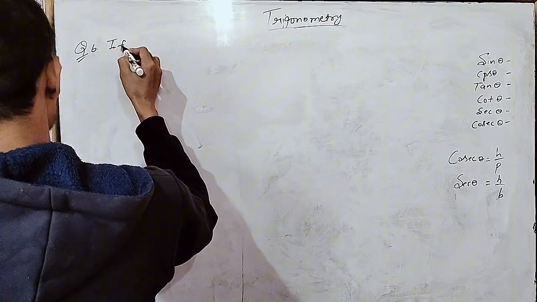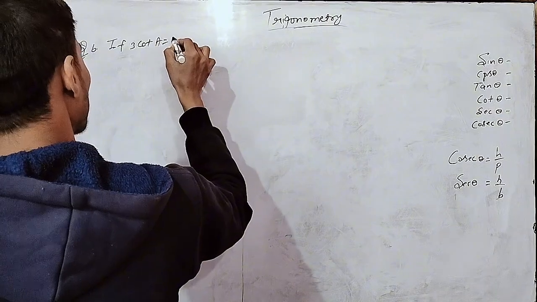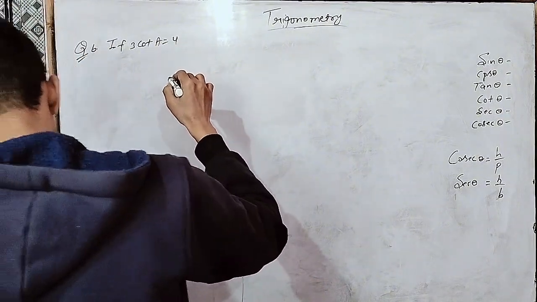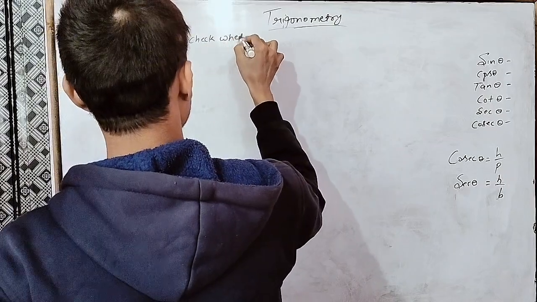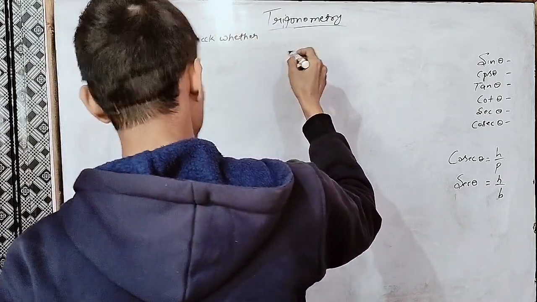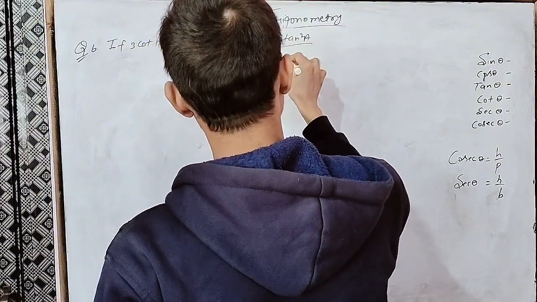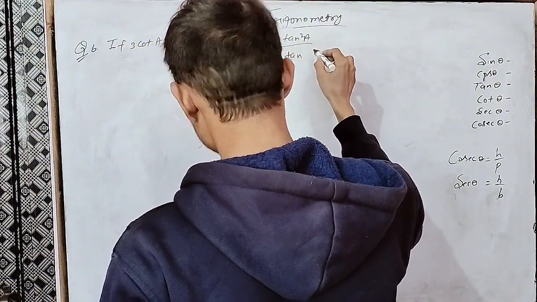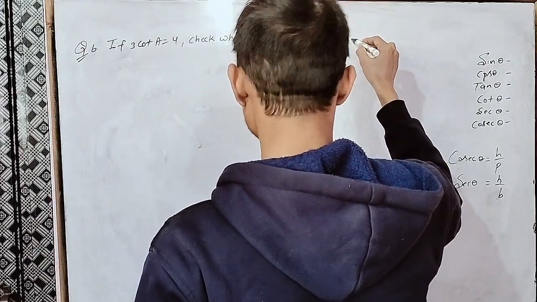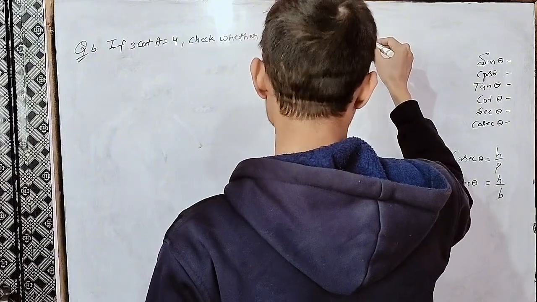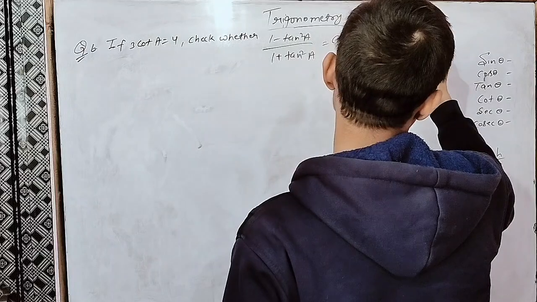If 3 cot A is equal to 4, check whether (1 minus tan square A) upon (1 plus tan square A) is equal to cos square A minus sin square A or not.